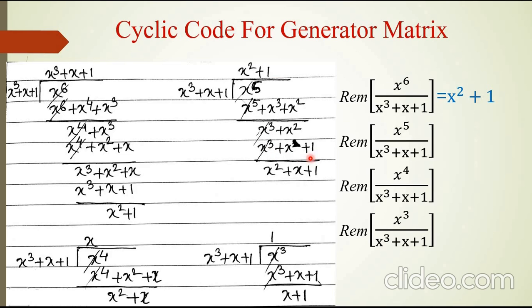So in modulo 2 addition, x cube will get cancelled. So it will be x square plus x plus 1. So this will be the remainder. So here we will be finding this is x square plus x plus 1.